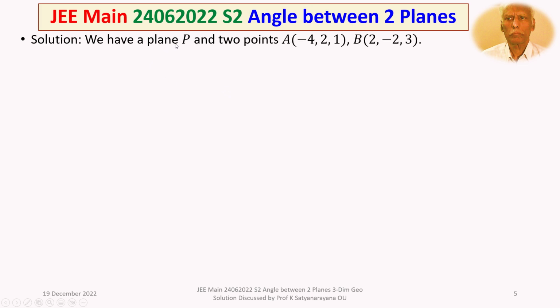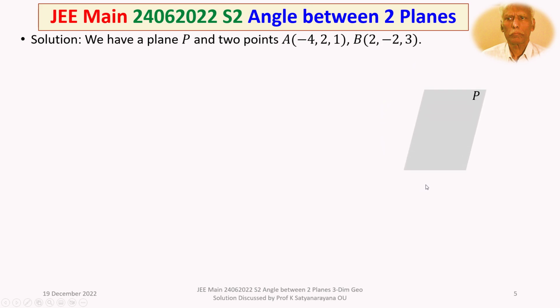We have a plane P and two points A and B with coordinates (-4, 2, 1) and (2, -2, 3) respectively.